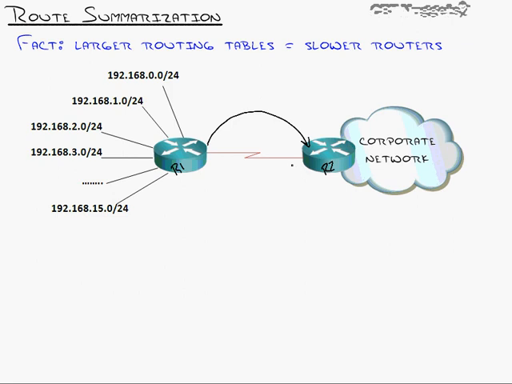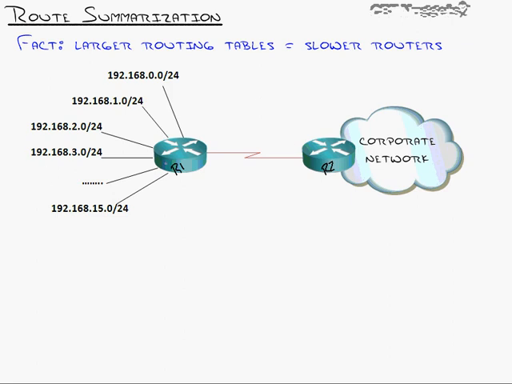The second issue is if one of these networks goes down, then that needs to be updated and replicated to router 2, and router 2 is going to have to replicate that to other routers in the corporate network because they all have the same routes and they all need to have a synchronized routing table. Now, honestly, when we look at this picture, does router 2 really need to know that the 1.0 network went down? Initially, my thoughts go to, well, yes, it needs to, because maybe it has traffic that's going to that.